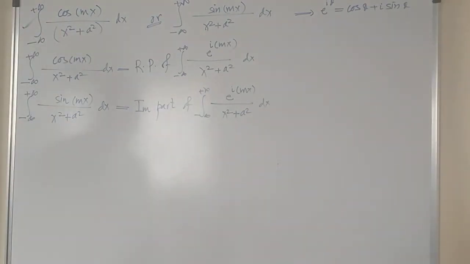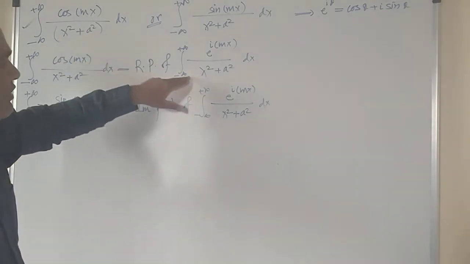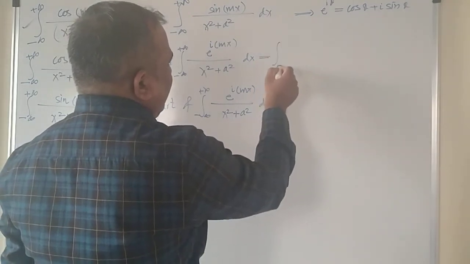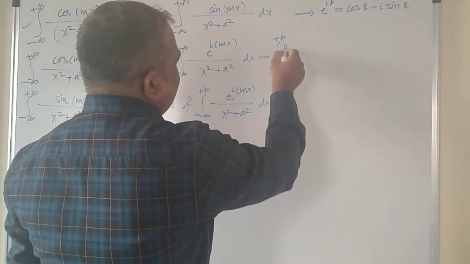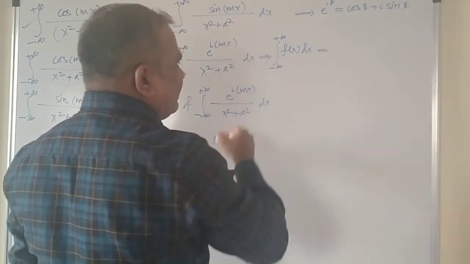So in order to solve this kind of problem, the integral from minus infinity to plus infinity of cos of mx divided by x square plus a square, just solve this. So what is this? This is nothing but our integral from minus infinity to plus infinity of f(x) dx. And how to solve this f(x) dx?